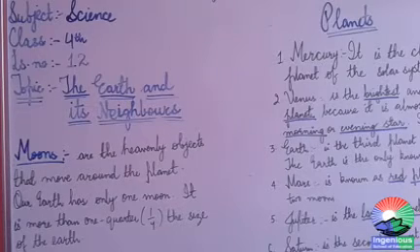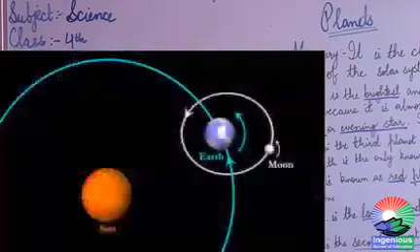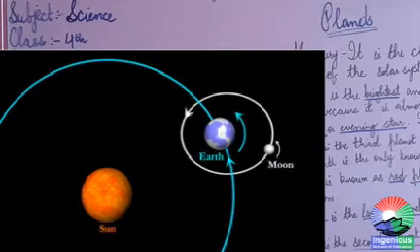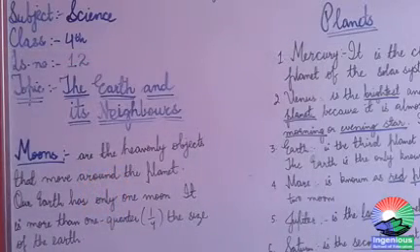When you look at the sky in the night, how many moons do you see? One. So the Earth has only one moon, and it is more than 1/4 the size of the Earth. Are you getting me? Very good.